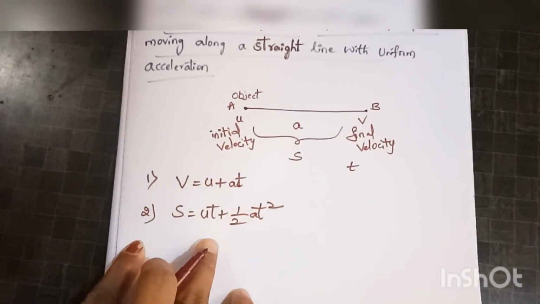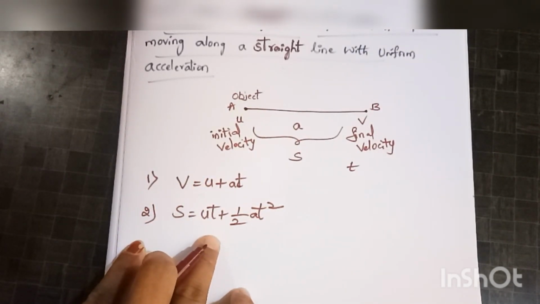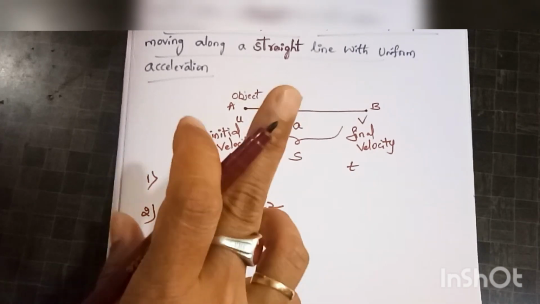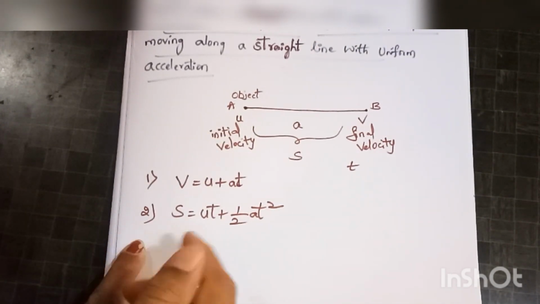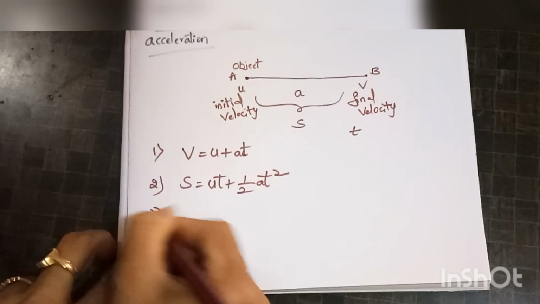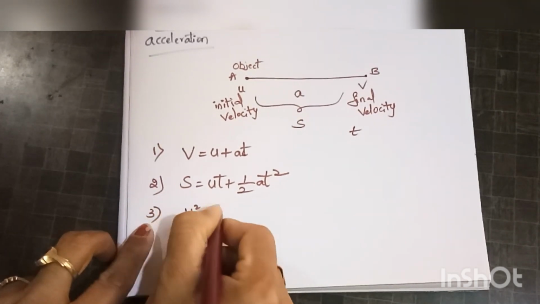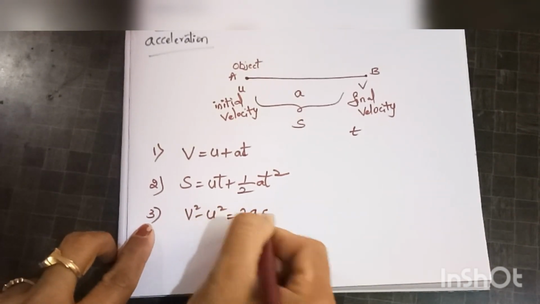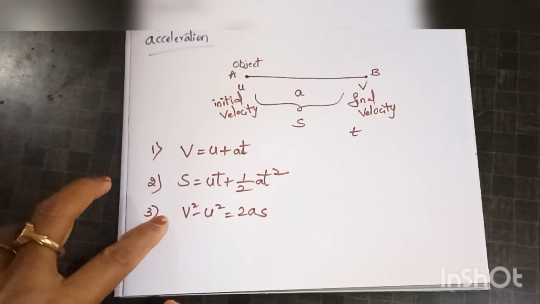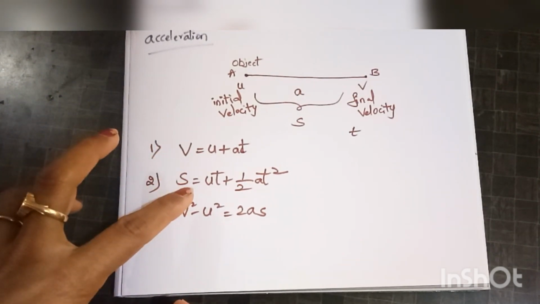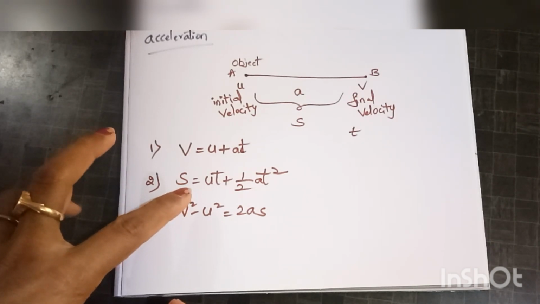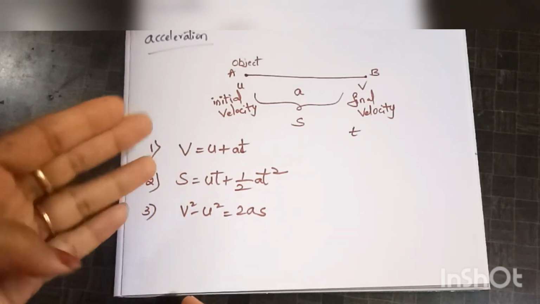These equations are only applicable when an object is moving in a straight line with the same acceleration. And the third equation is v square minus u square equals 2as. You don't need to derive it; just remember these equations, which will be useful in later classes and in solving problems.